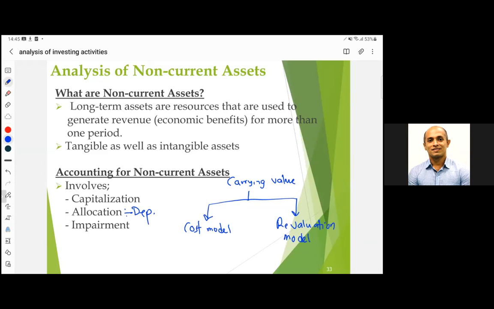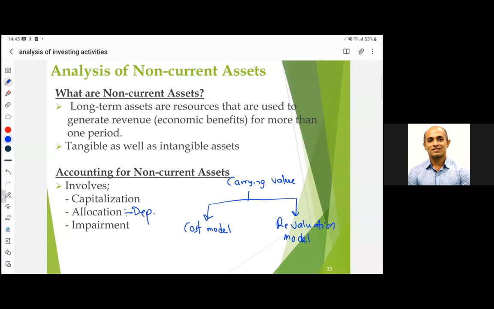In the cost model, you capitalize cost of the asset. In the revaluation model, you take the revalued amount into the accounts. Then amount of the asset capitalized is allocated over the useful life. So we call it depreciation.